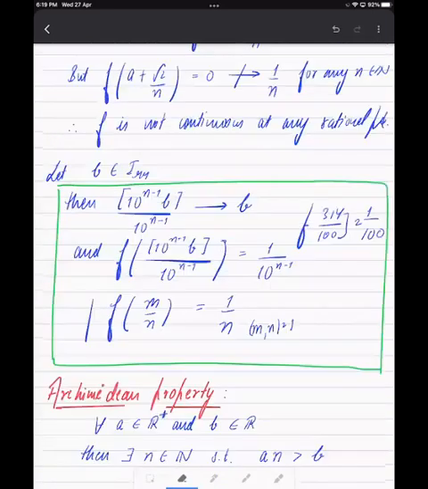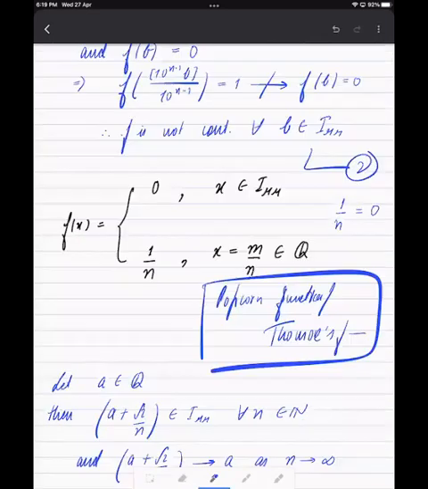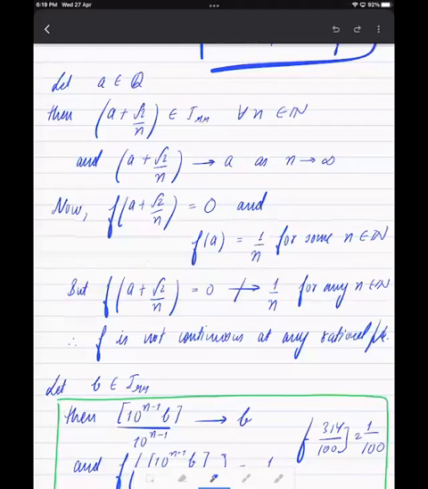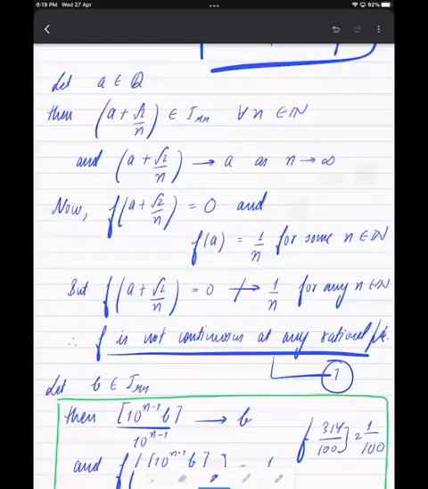So I'm going to use the Archimedean property to prove that this function is continuous on every irrational number. It is not continuous on every rational, which I have proved here. Page is finished. Let me start another page.